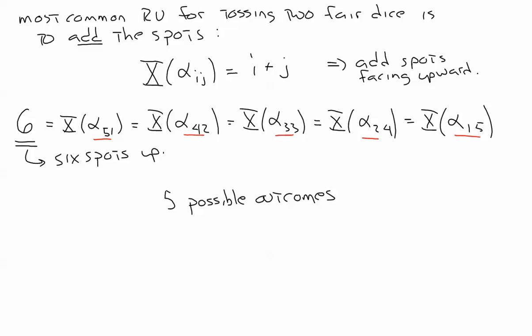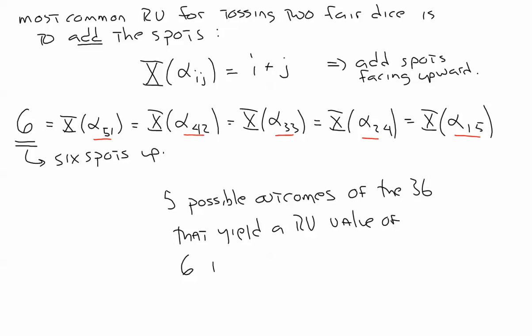Five possible outcomes of the 36 that yield a random variable value of 6 total spots.